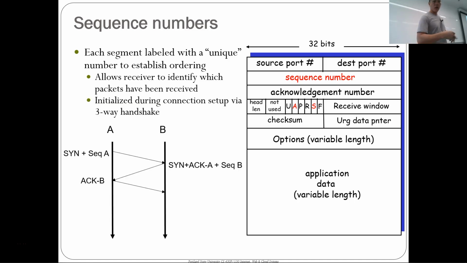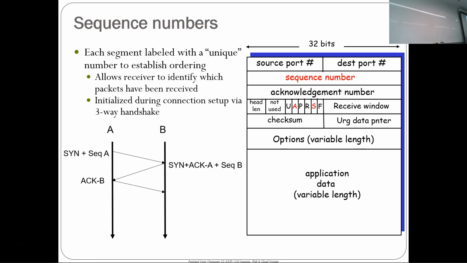Okay. So in order to establish a sequence number space between the client and the server, you basically have to negotiate sequence numbers that you're going to be using. This is done with the three-way handshake that starts every TCP connection.